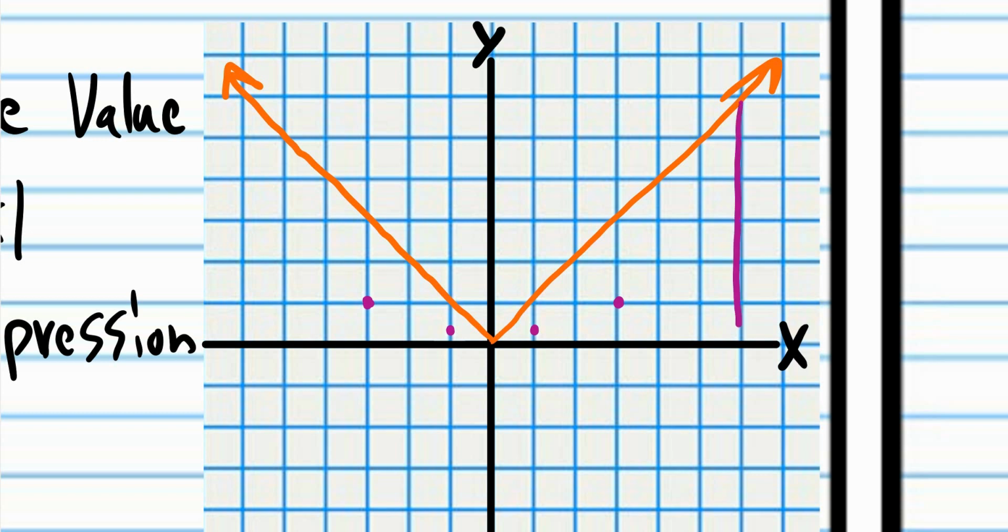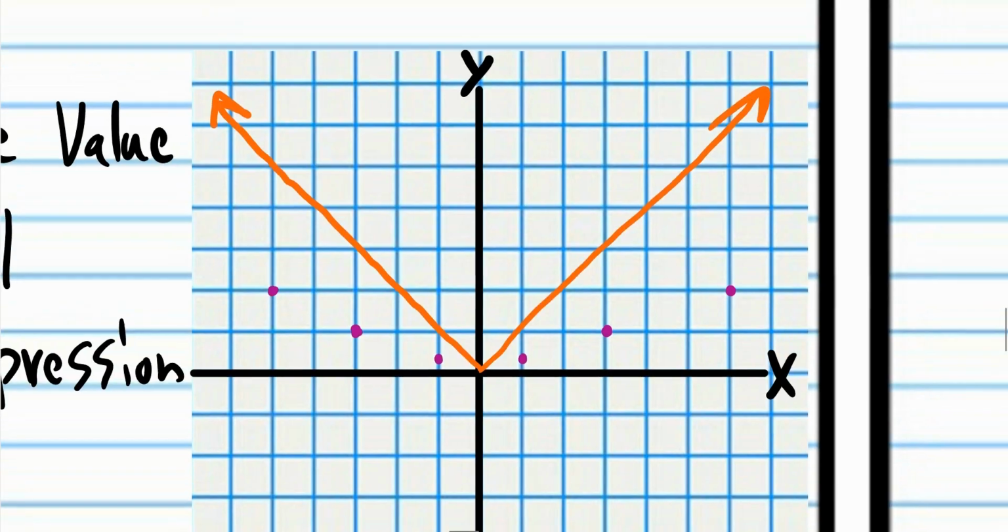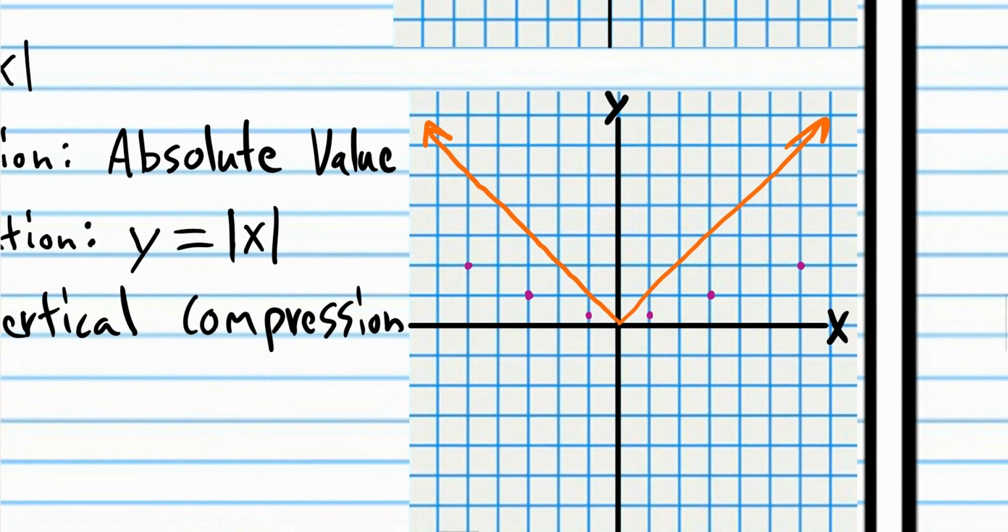This y value is 6. Divide that by 3, I get 2. Same thing over here. Divide by 3, and we get 2. Whoops, that was not the right point. We need to go over a little bit more. There you go. So now connect the dots, and there's our graph.